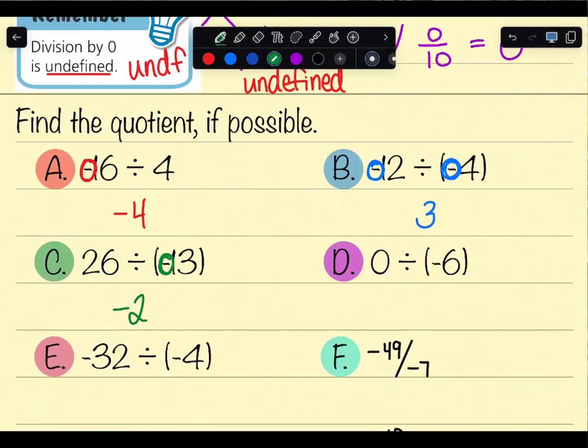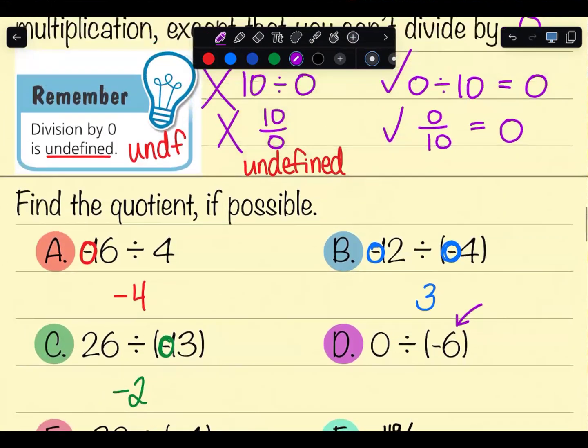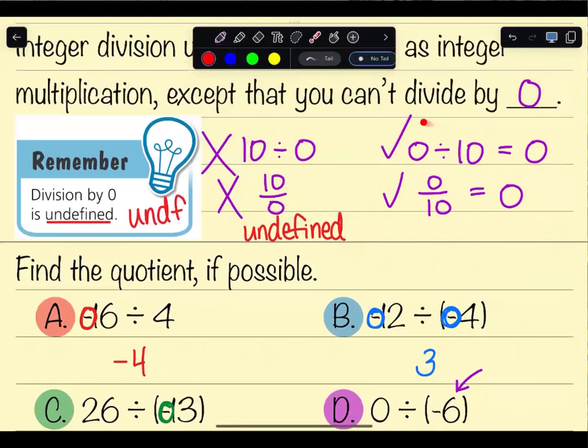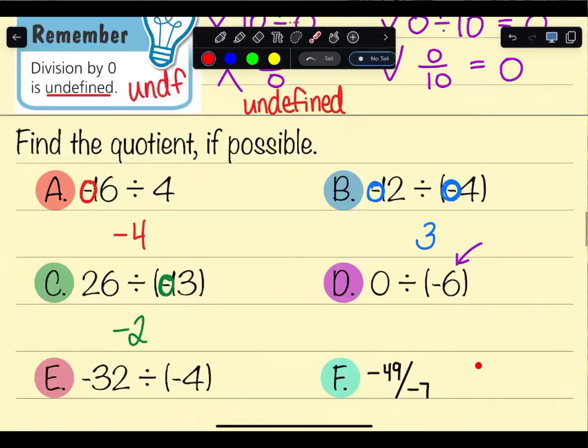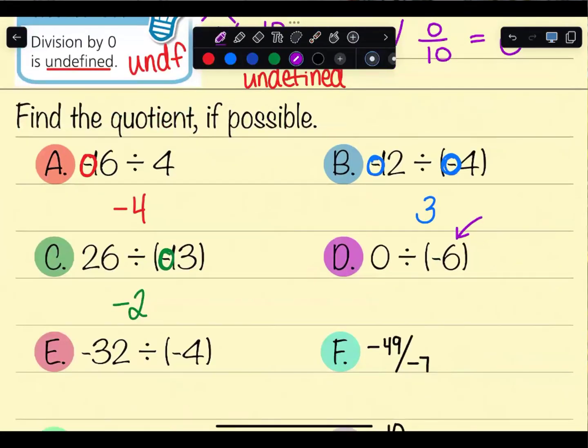0 divided by negative 6. Okay, so 0 divided by negative 6, this is one that I can do. The reason I can do it is because the number I'm dividing by isn't 0. So 0 is not allowed to be my second number, right? But it can be my first number. So 0 divided by 6 would be 0.